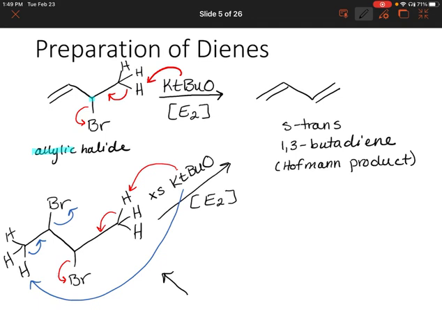Do you remember how we form a dihalide? We need an alkene. So the double bond could be in the middle there, and then we could add Br2 across the double bond. That would be an addition reaction.